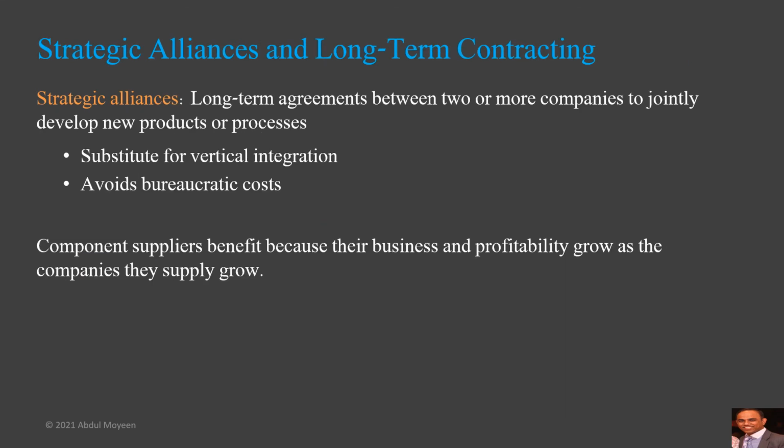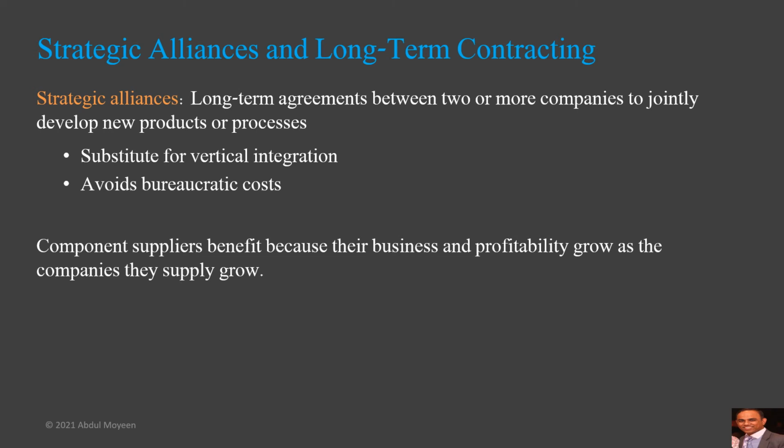Unlike short-term contracts, strategic alliances between buyers and suppliers are long-term cooperative relationships. Here, both companies agree to make specialized investments and work jointly to find ways to lower cost or increase product quality so that they both gain from their relationship.